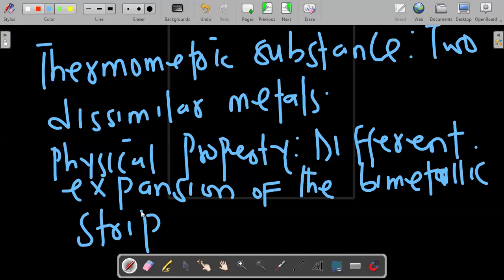So you say the physical property is different expansion of the bimetallic strips. Please, can you explain? Like I told you, inside your electric iron, if you can open it, you see two metals that are almost touching each other. When you plug the electric iron into the socket, the red light will come on.